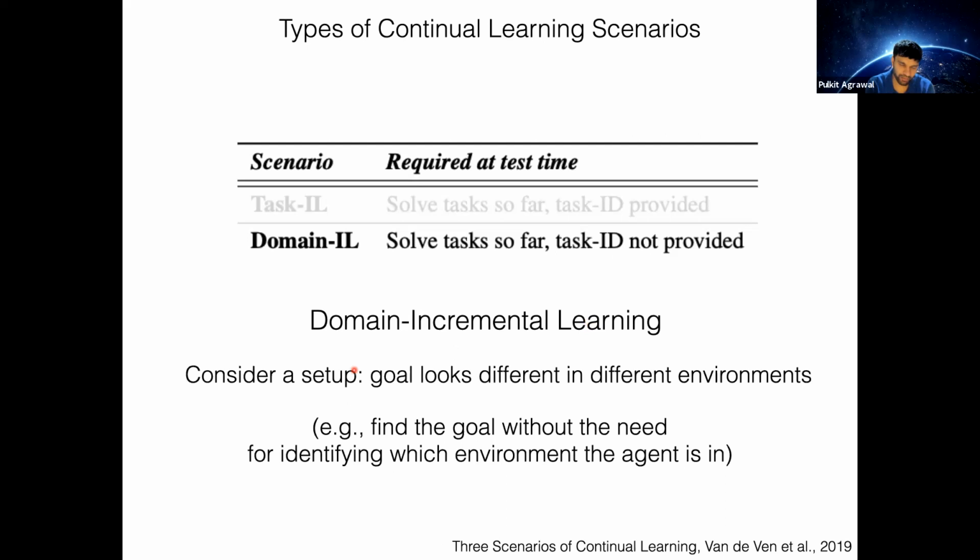Going back to the same example, where goals look different in different environments: now the agent needs to find the goal, but it is not told which environment it is in. It can infer it on its own, but it is also not required to identify which environment it is in. It just needs to go and find the goal.